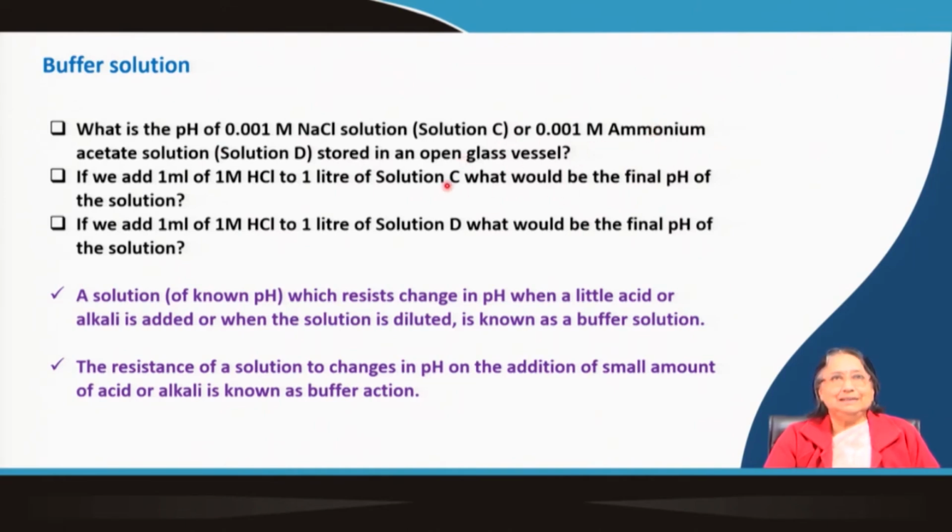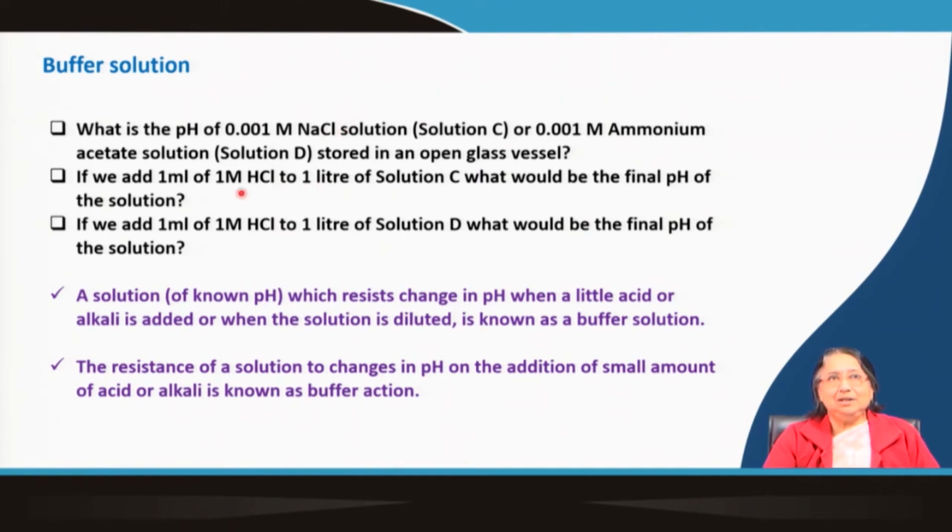Now another question is coming. If we add 1 milliliter of 1 molar HCl to 1 liter solution of C, that means sodium chloride solution, what should be the pH? Initially it was 7 because it is sodium chloride solution. Now, I am adding 1 milliliter 1 molar HCl to 1 liter of this solution. What should be the pH?